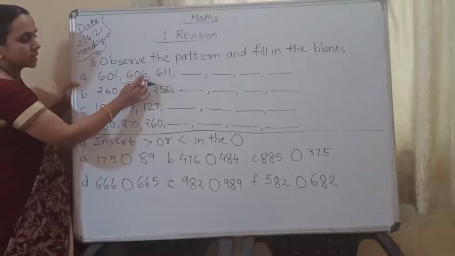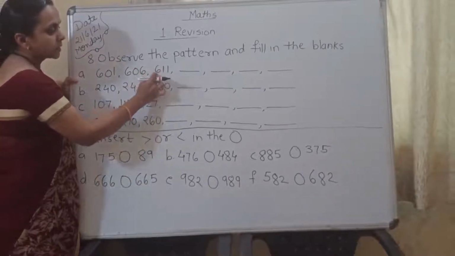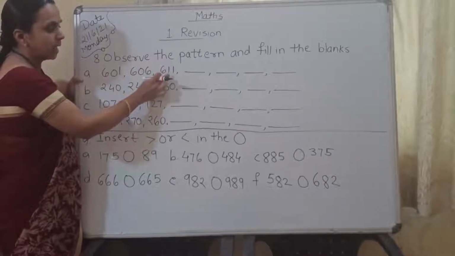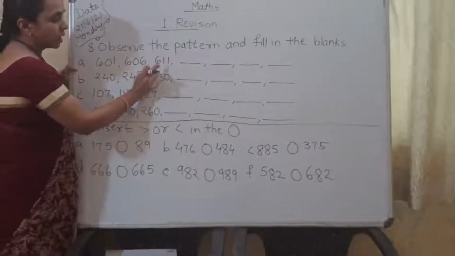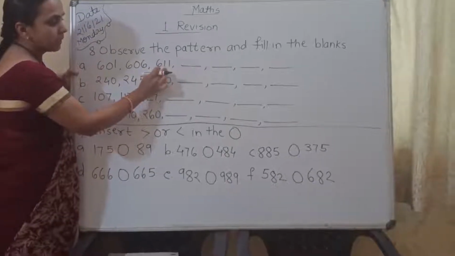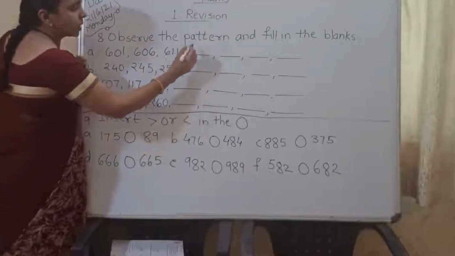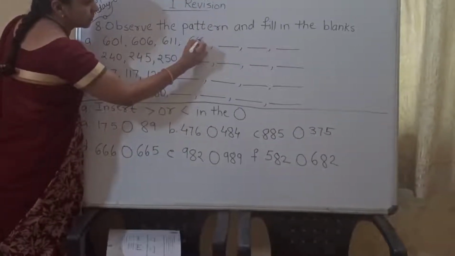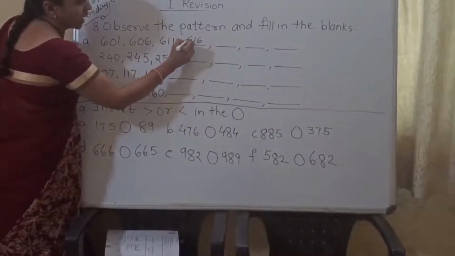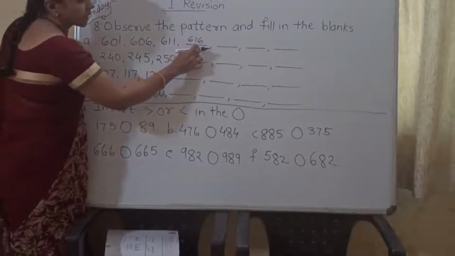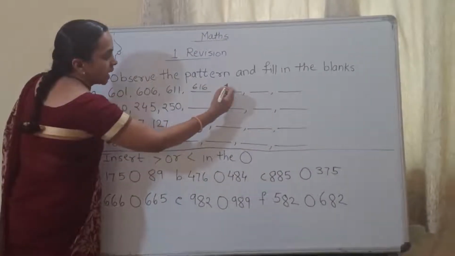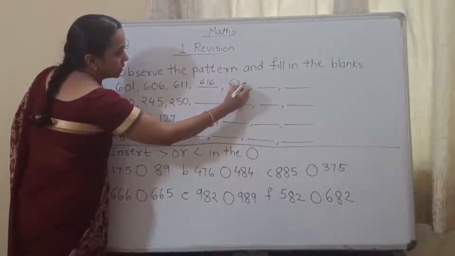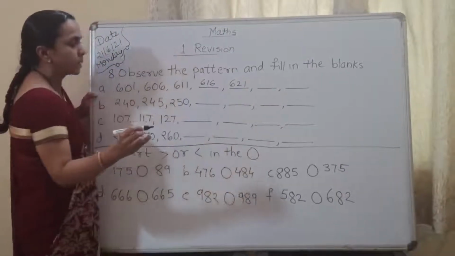Again 606 plus 5, 611. Up to this, that is in your textbook. So now 611 plus 5, how much? 616. Again 616 plus 5, how much? 621. Okay.